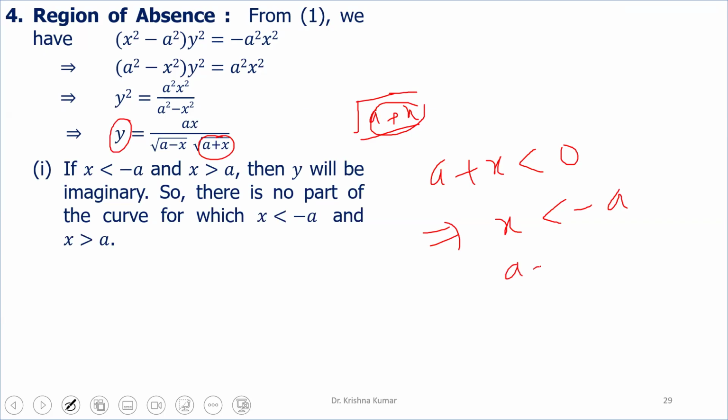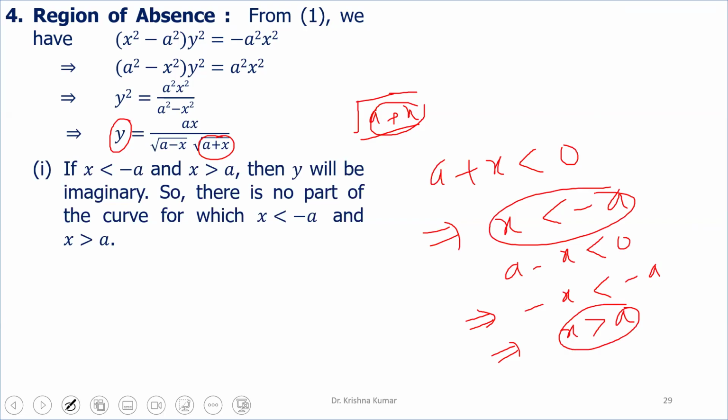Similarly, if a minus x is less than 0, it means that minus x is less than minus a, or if you multiply by the minus sign, x is greater than a. So if x is less than minus a, then y will be imaginary. Similarly, if x is greater than a, then also y will be imaginary. So there is no part of the curve for which x is less than minus a and x is greater than plus a.